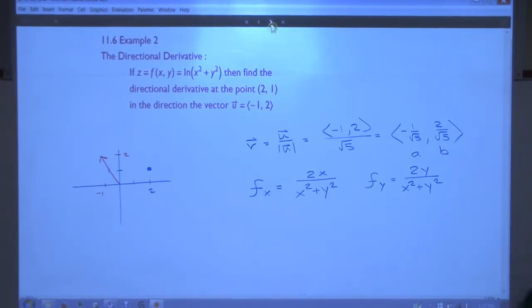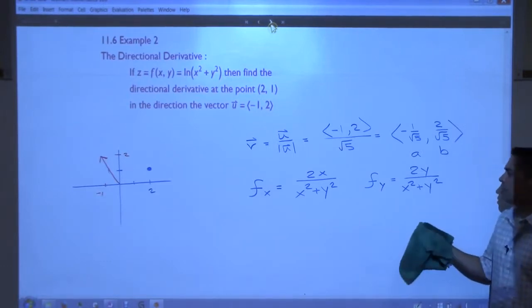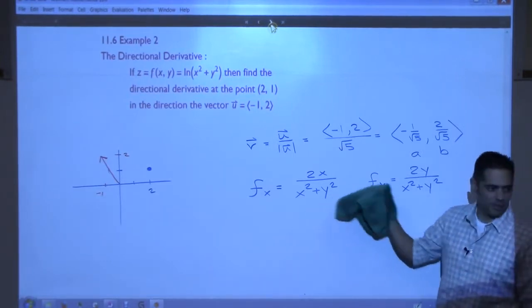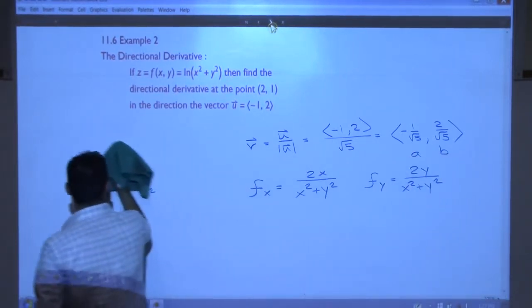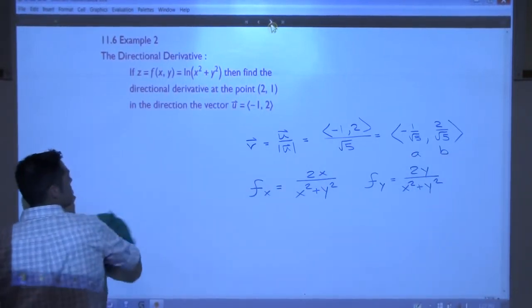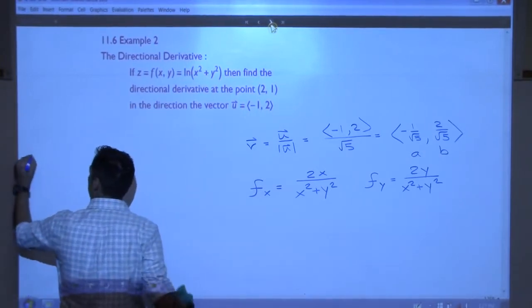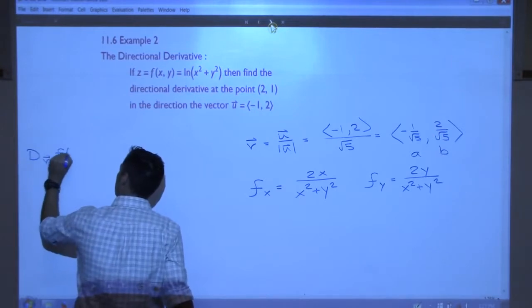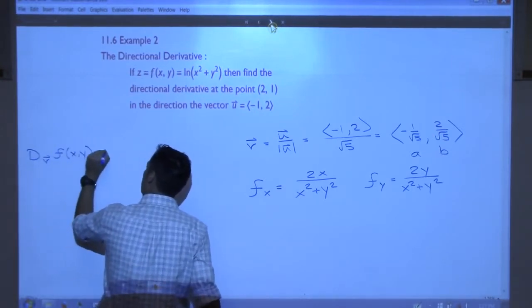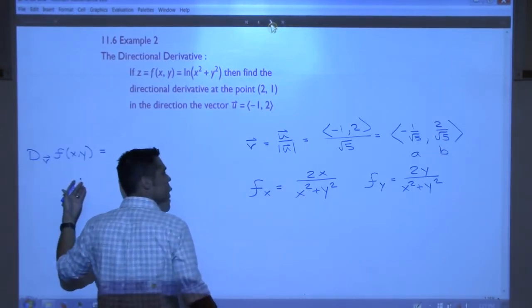And now I'm ready to put it all together. I'm going a little quicker here with these partials because that's now in the past, okay? The directional derivative in the direction of v of the function at some point x, y should be a, right?